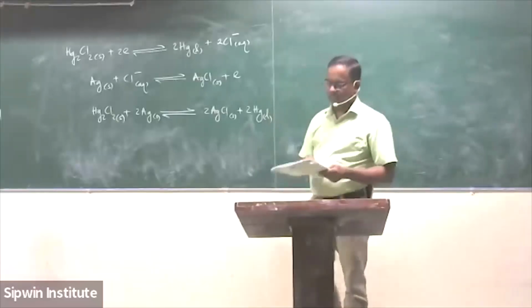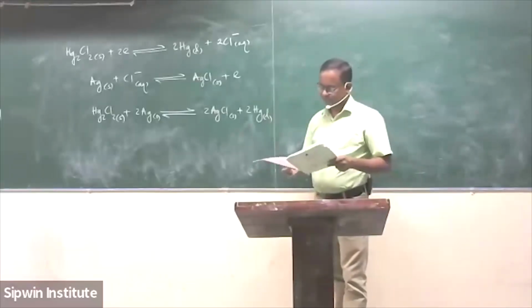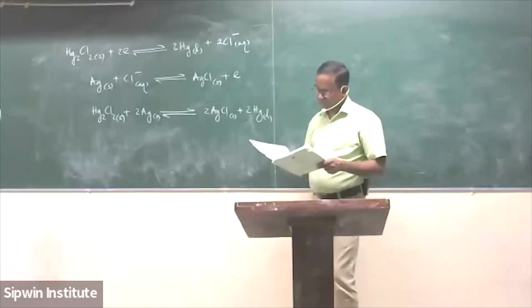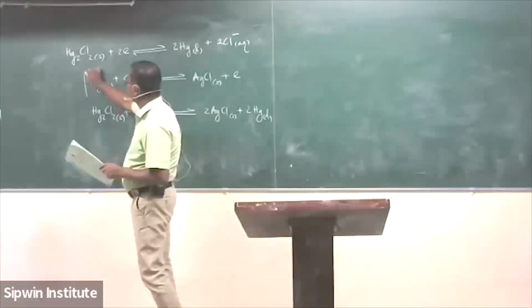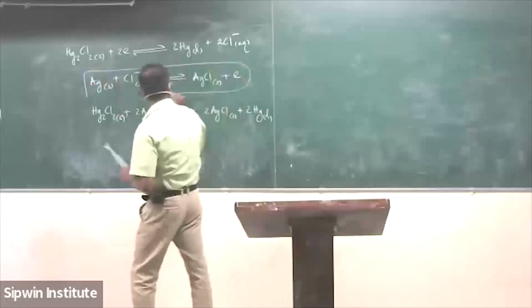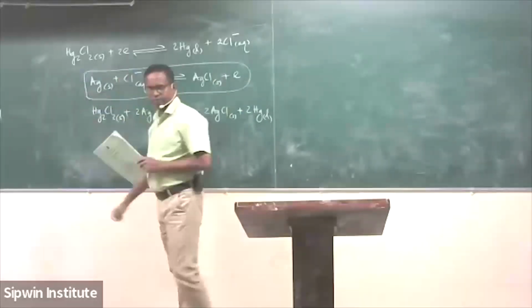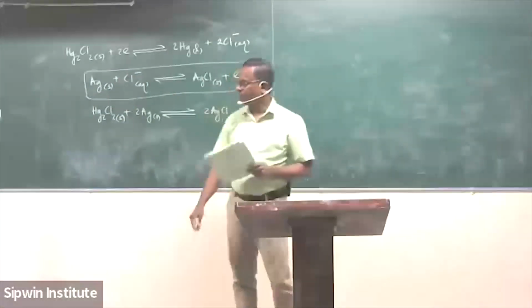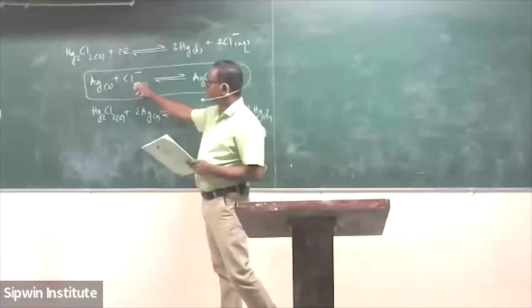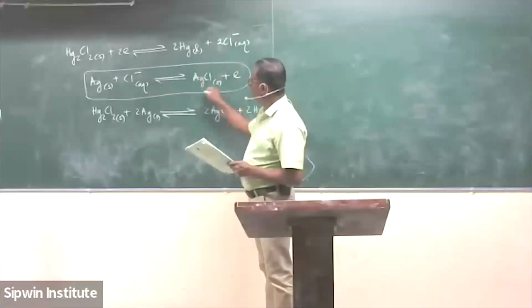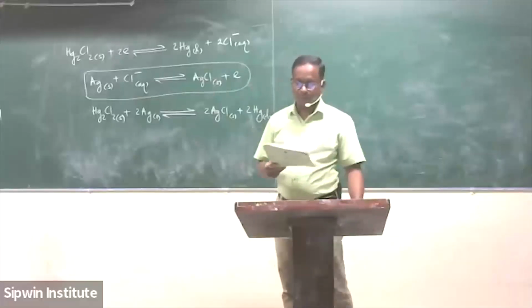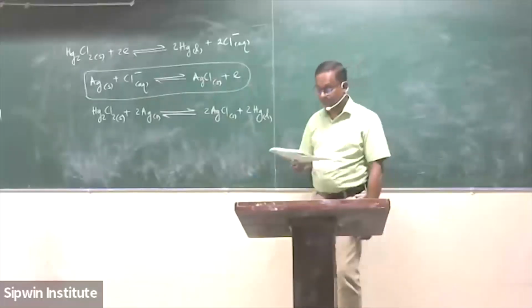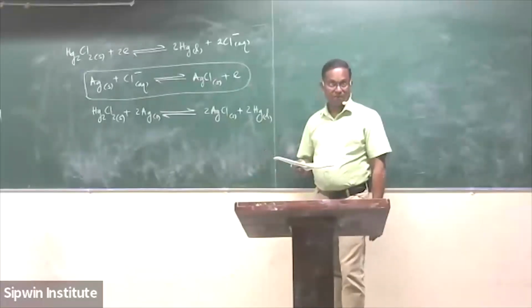If you check the reaction, silver joins with chloride and silver chloride is produced.